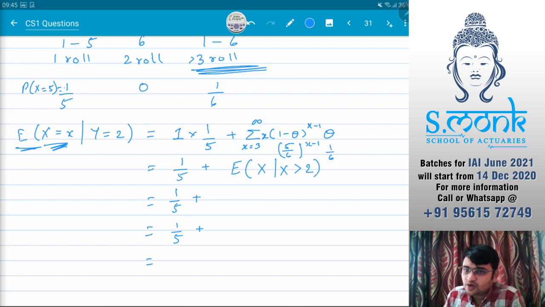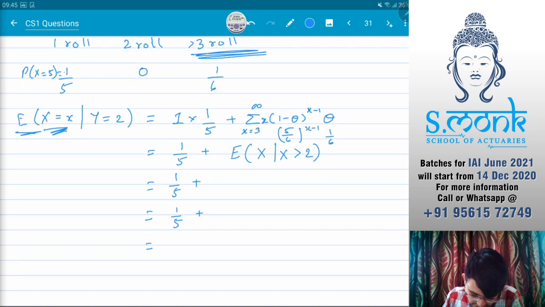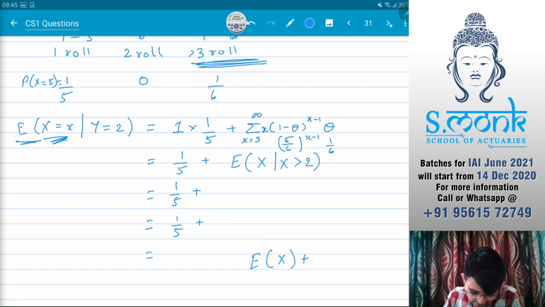And because geometric distribution follows the memoryless property, we will skip the first two values and say this is nothing but the expected value of x plus 2. This is what I think we'll get. It's like expected value starting from 3 to infinity, so plus 3, I think. The geometric distribution will start from 1, so I think plus 2.